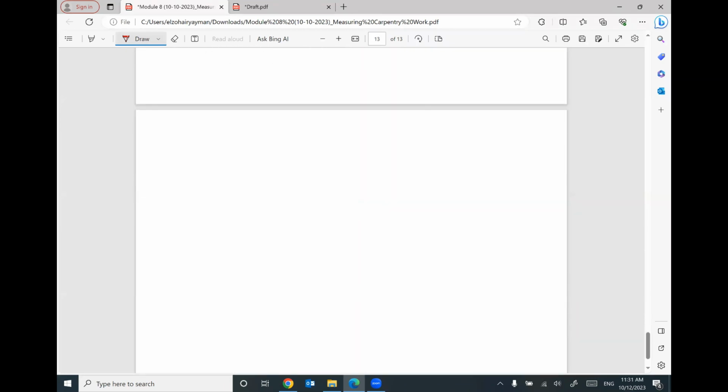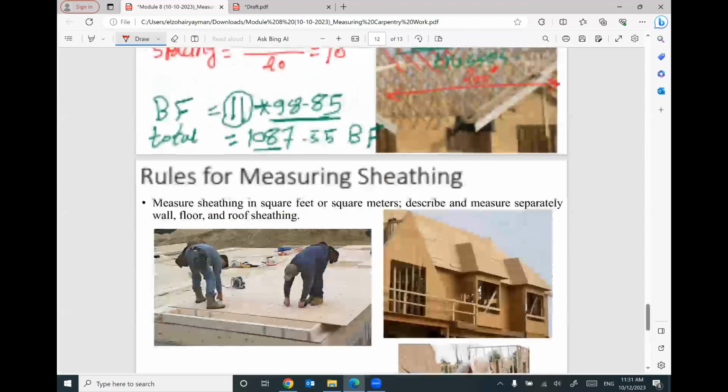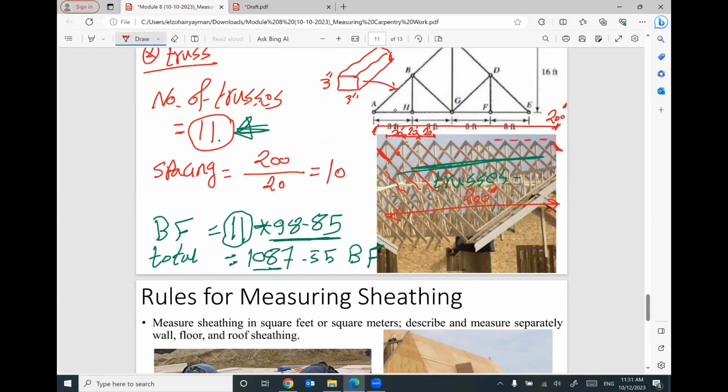So if you are given the cost for board foot, I can multiply the cost, $0.5, times 1087.35. So the total cost will be $543.6.